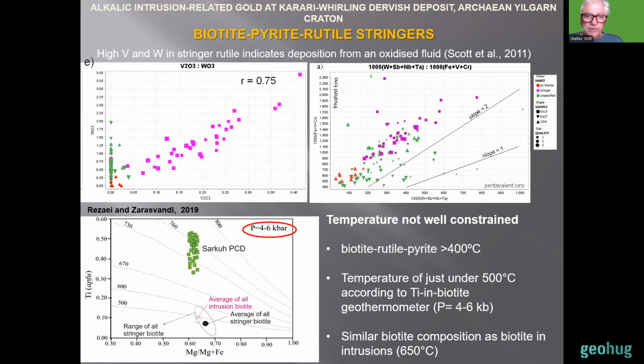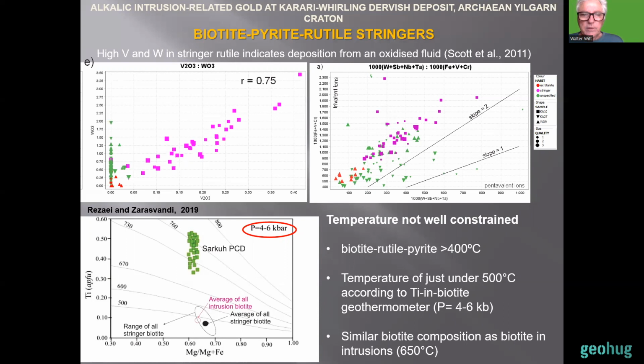On the lower left there, I'm showing a plot which plots titanium against magnesium over magnesium plus iron. And this is the titanium in biotite geothermometer. The compositions of the biotite suggest temperatures of about 500 degrees centigrade.